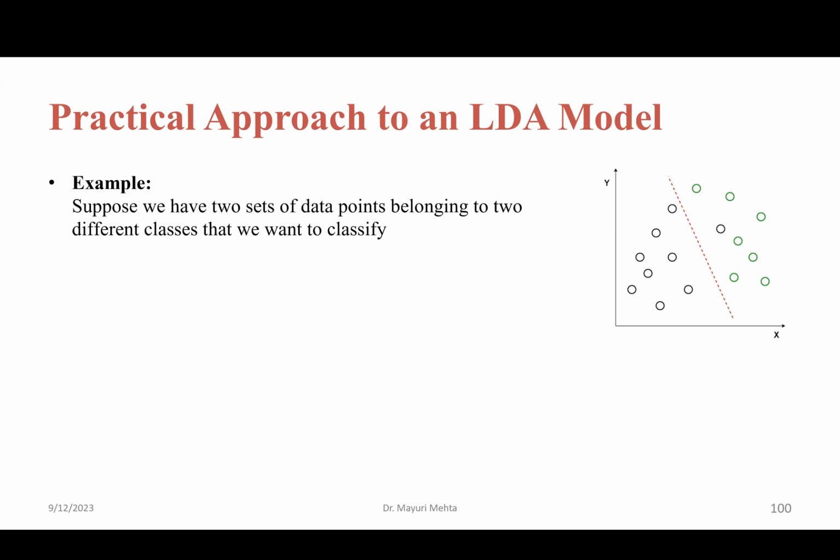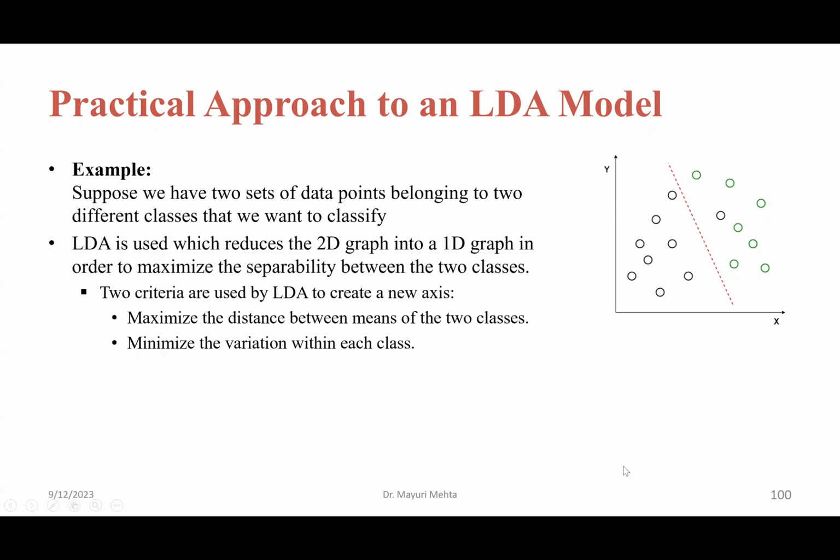So in this case, LDA is used. This is a 2D graph, right? X and Y axes are there. So in this case, we can use LDA, which is used to reduce a 2D graph into a 1D graph in order to maximize the separability between the two classes, right? So here we can use this LDA.